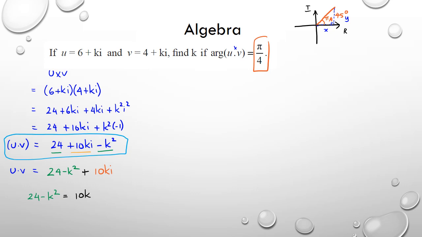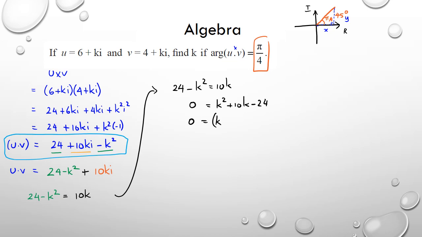So once I have this, I need to solve it to figure out what k is. I've got 24 minus k squared equals 10k. Rearranging this, I get k squared plus 10k minus 24, and simplifying this as a quadratic, I have k plus 12 and k minus 2.